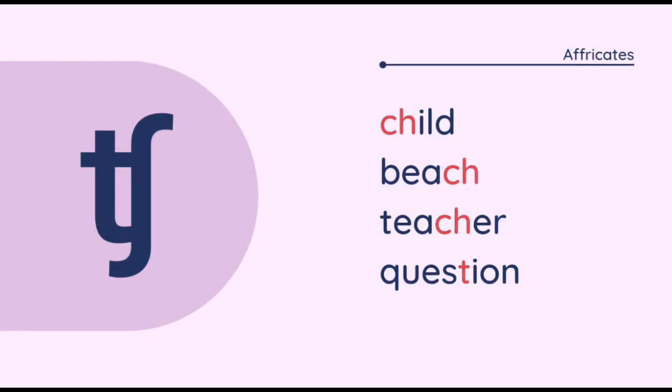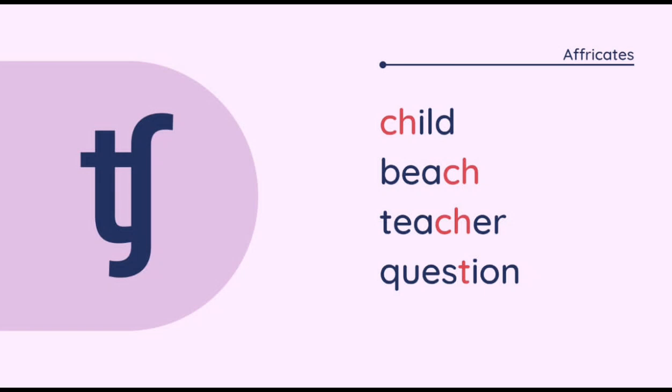The next one here is a double letter consonant sound. It is written as if we are writing T and S together, but that is how it is written. So we have ch. It is a stronger form of sh.